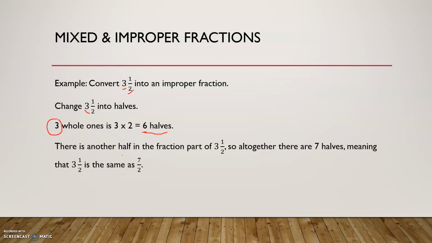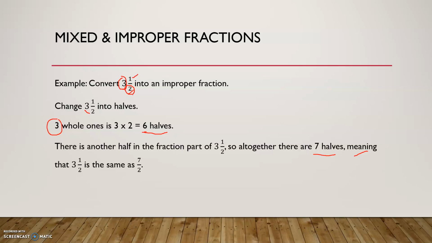So there is another half in the fraction part of 3.5. So altogether there are 7 halves, meaning that 3.5 is the same as 7/2. The easiest way to understand is you multiply this number with this number, and then you add the remainder.